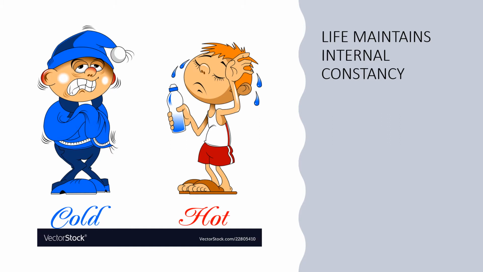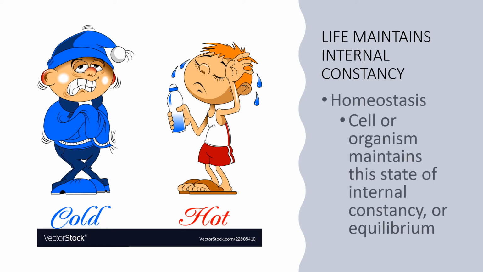Now, we also have to remember that life maintains internal constancy. The conditions inside cells must remain within a constant range even if the surrounding environment changes. For example, a cell must maintain a certain temperature. It will die if it becomes too hot or too cold.